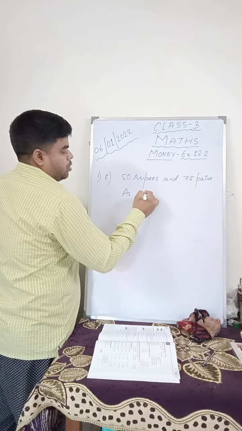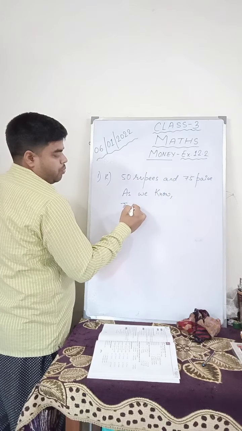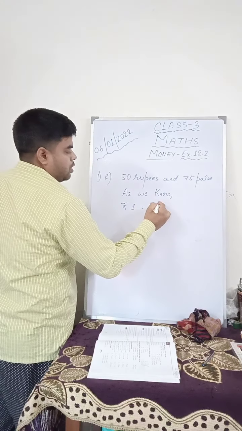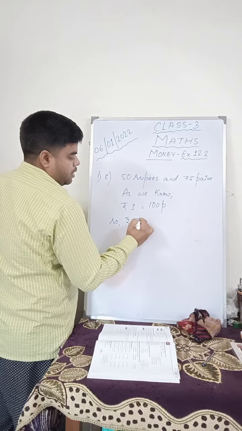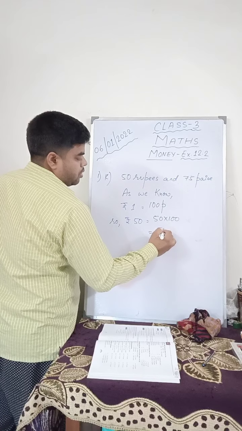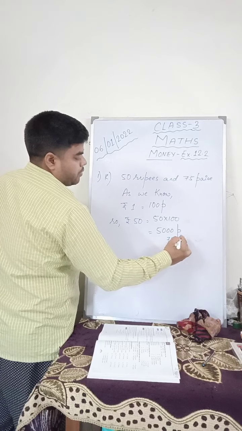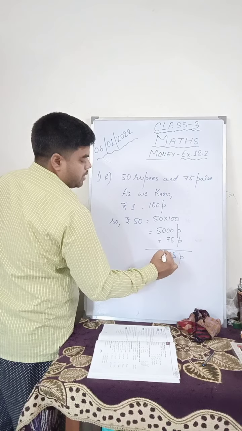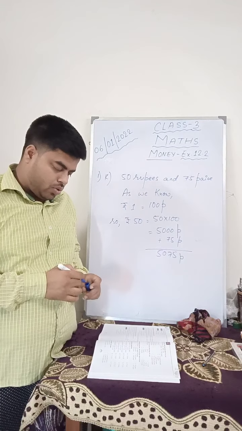As we know, rupee 1 is equal to 100 paisa, because you have to convert rupee into paisa. So rupees 50 is equal to 50 multiplied by 100, that is equal to 5000 paisa, plus 75 paisa, add them, 5075 paisa. I hope all of you have understood this.